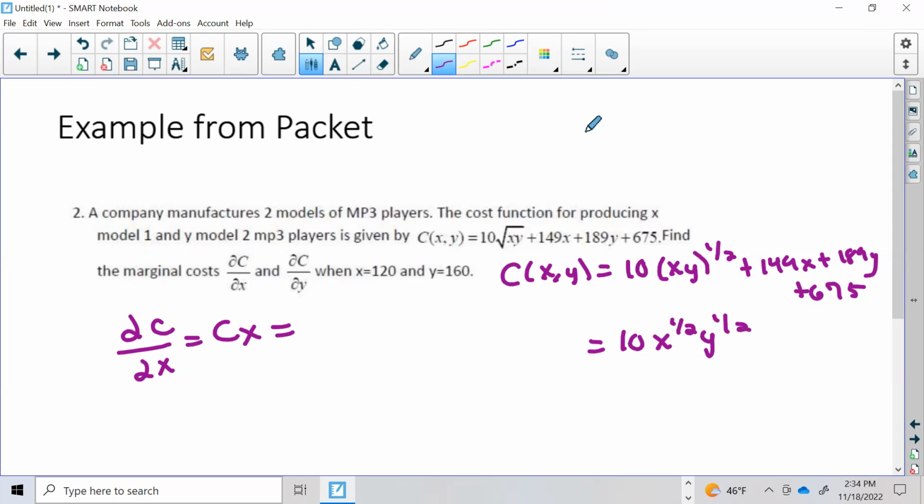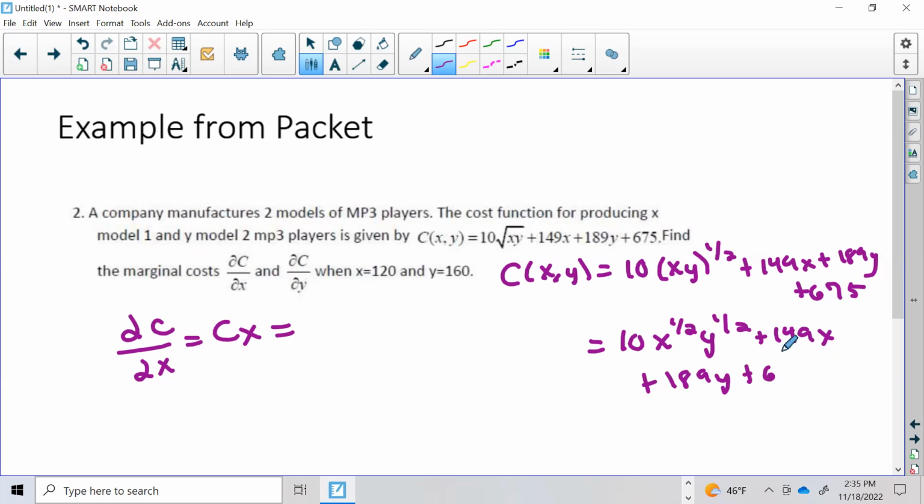Now just a caution, if this was, for example, x plus y to the 1/2, you cannot do that. You cannot distribute an exponent when there's a sum or difference in the parentheses. But if it's a multiplication or a division, you can put the exponent on each one. So this is 10x to the 1/2 y to the 1/2 plus 149x plus 189y plus 675.